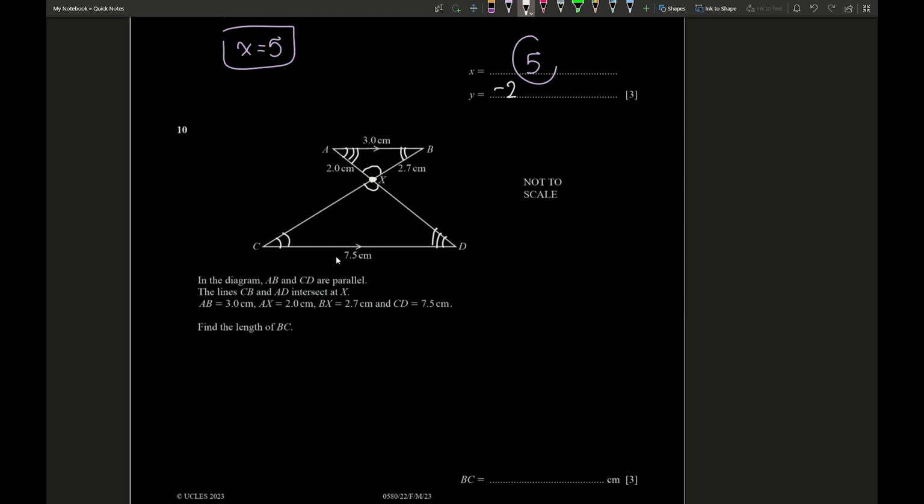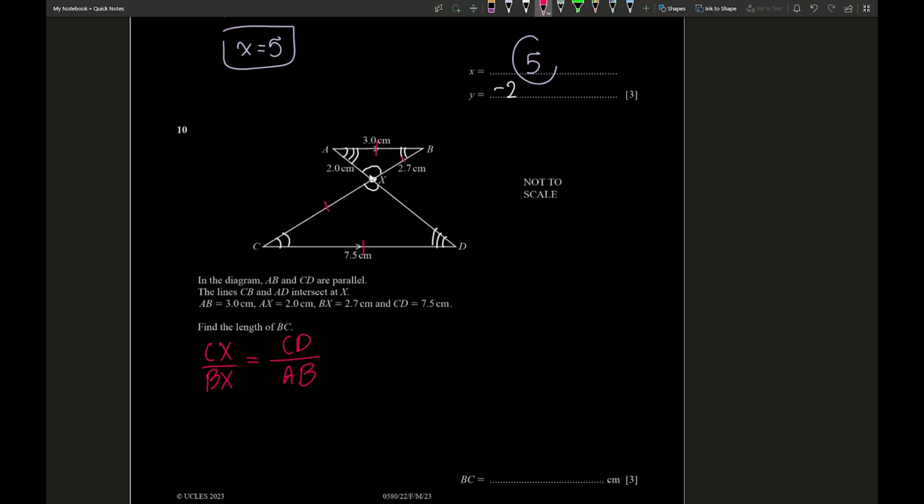Now, since these two triangles are similar, we can then conclude that the ratio of the length between these two is equal to the ratio of the lengths CD and AB. So I can say that CX divided by BX is equal to CD divided by AB. The ratio between their corresponding lengths are equal because these two triangles are similar.